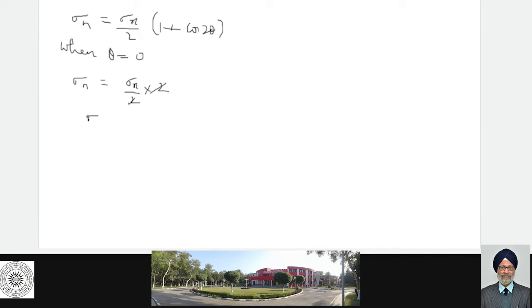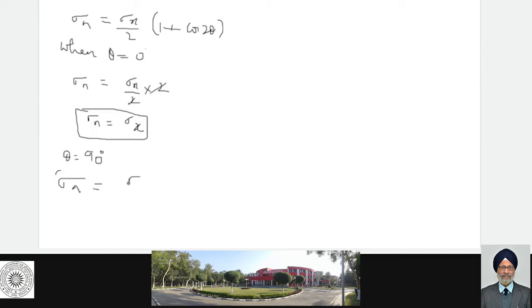So that means when theta is 0, then sigma n will be equal to sigma x. ठीक है. When theta is 90 degree, so cos 90 is 0. So sigma n should be 0. Sorry, I should look at this again: cos 90 is not infinity, it is 0.